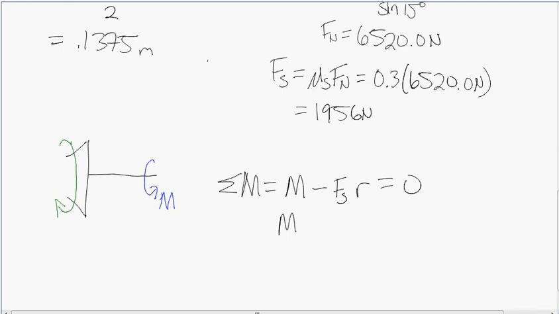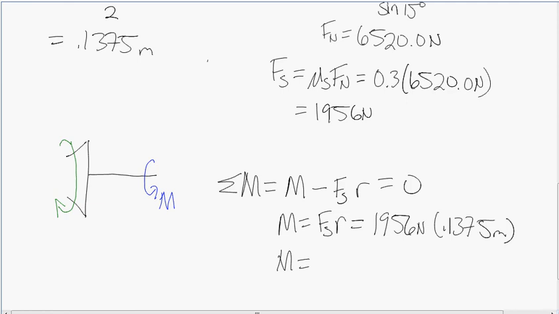So we can find the moment by just plugging in the information that we've already found. And we find that the maximum applied torque M is 268.95 Newton meters. So this is our final answer.